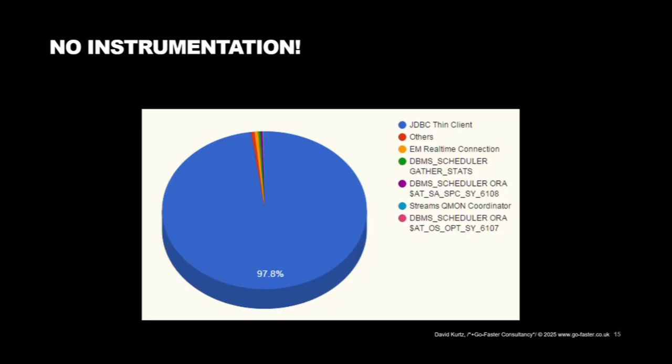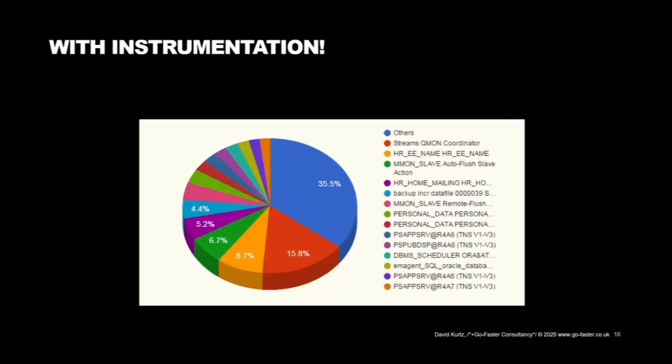Compare that with what happens when you do have an instrumented application. You now have a breakdown of where the time is spent. And this is the kind of view you want to see, so that when you profile the time, you can see which is the most important. This comes off an HR system, and this component here at the top was maintaining an employee name in the HR system.